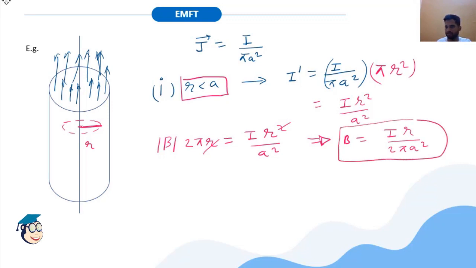Okay, so on the right hand side we had mu naught as well. I had forgotten it. So B is mu naught I r over 2 pi a square.